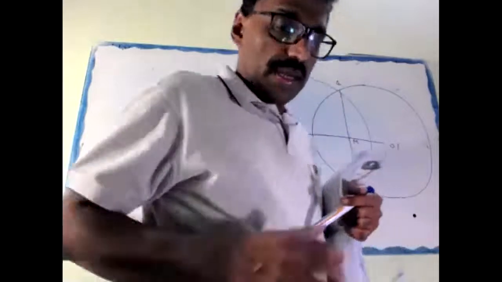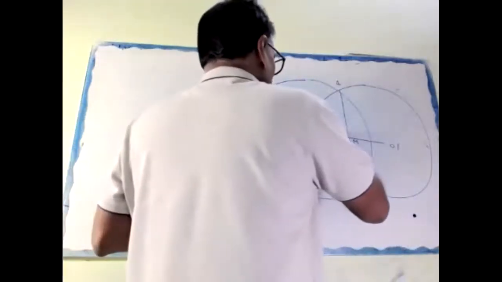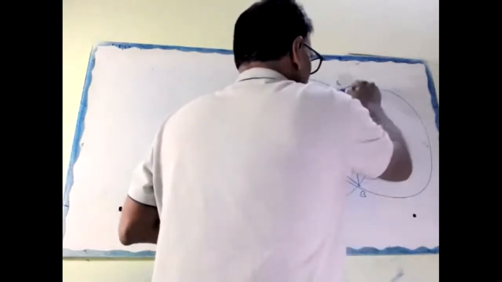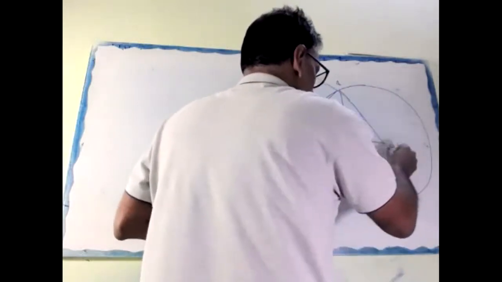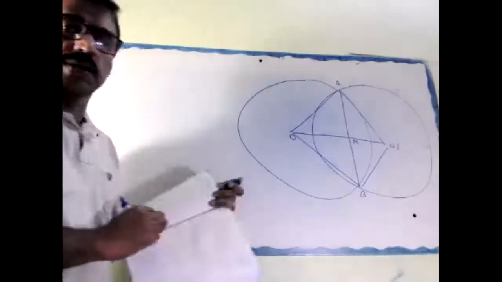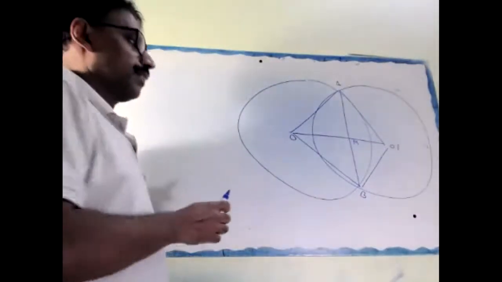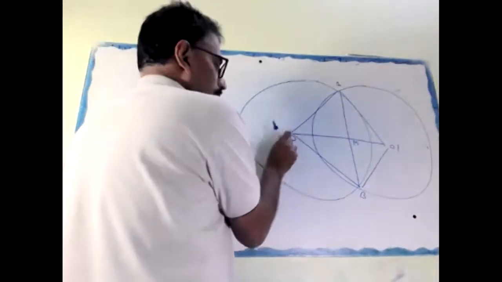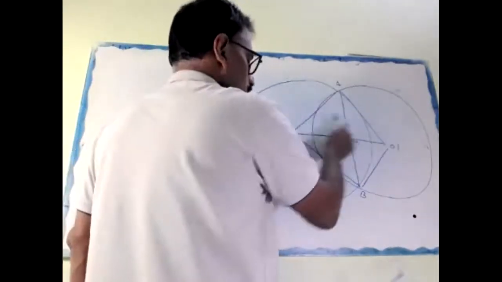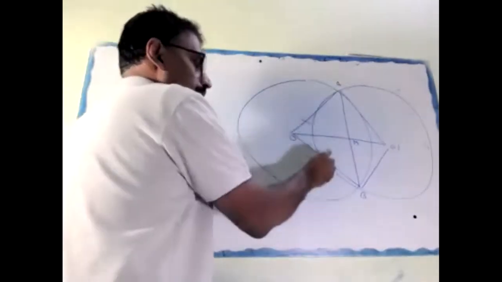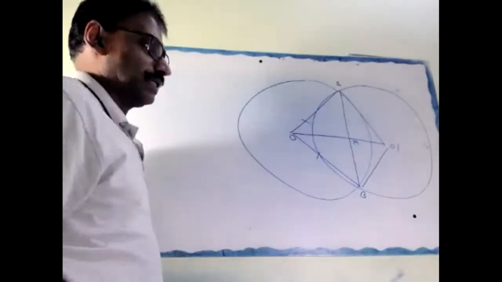Look. Construction: join OA, OB, O dash A, O dash B. Okay, don't write now. Look, take the triangles OA O dash and OB O dash. OA equal to OB, same radius.